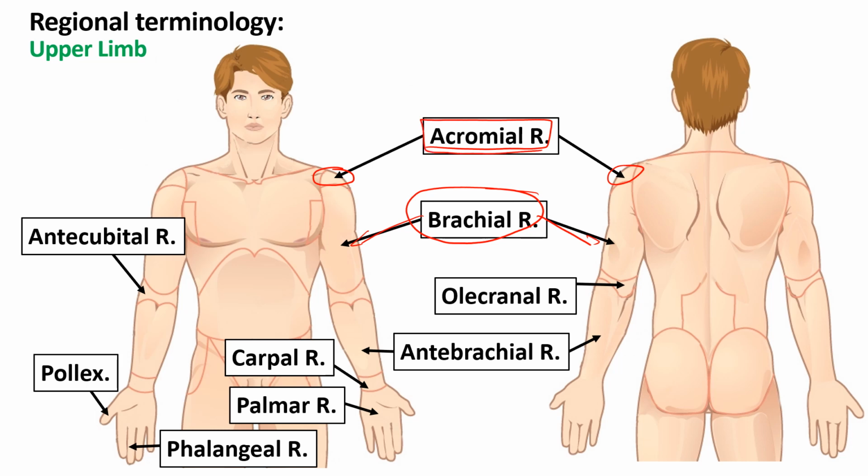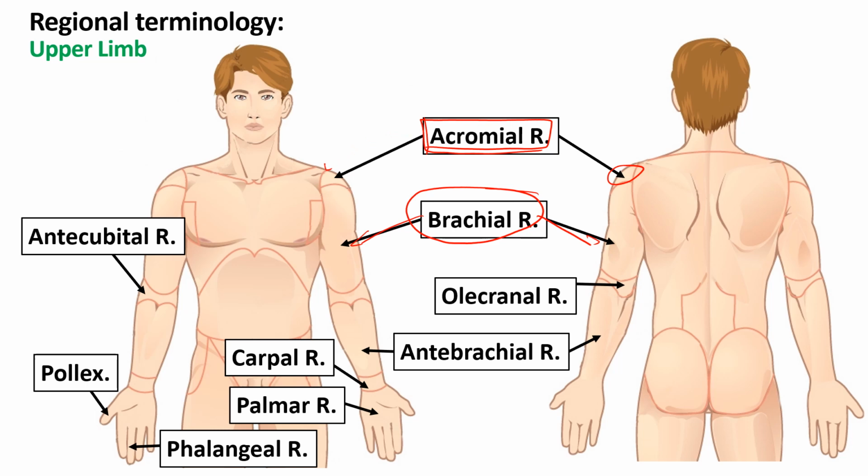In the second part of anatomy and physiology lab, when we learn the scapula and all the bone markings of the scapula, you will learn that the scapula has the acromion process, which is located in that area, and that's why it is called the acromial region: it's the place where the acromion process of the scapula is located.